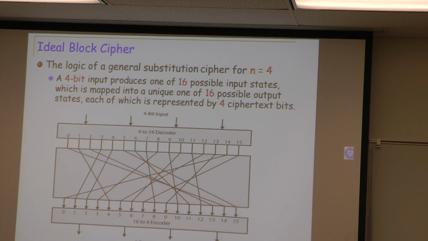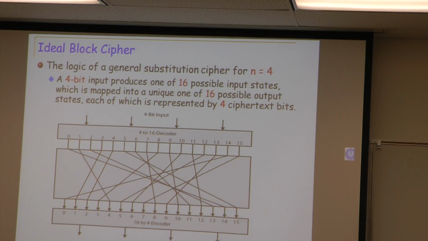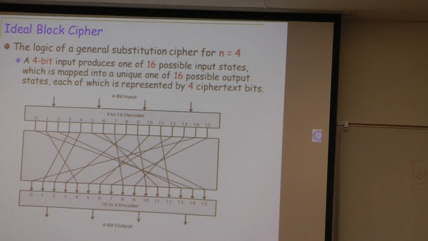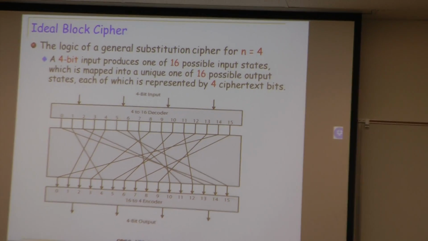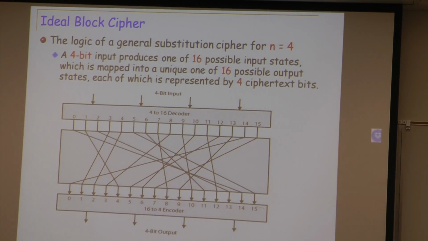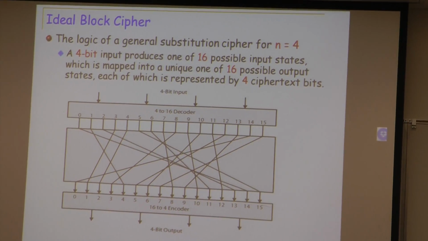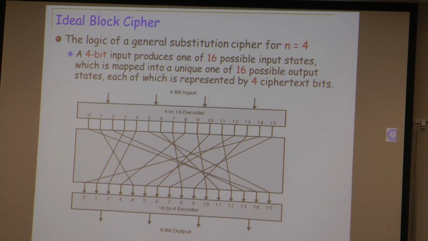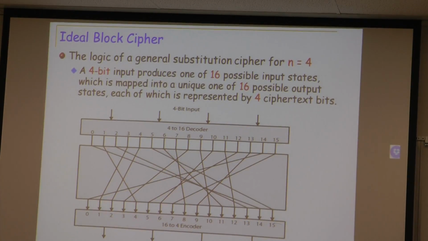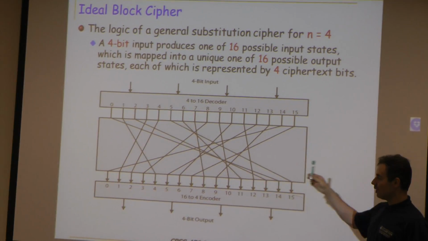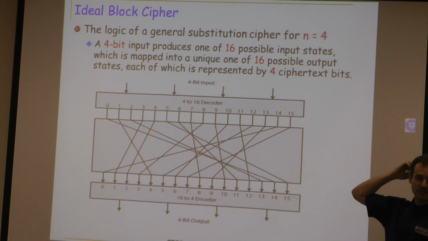Now, what's an ideal block cipher? An ideal block cipher is a cipher which maps every single plain text block to some ciphertext block, and it provides all of the possible mappings, right?